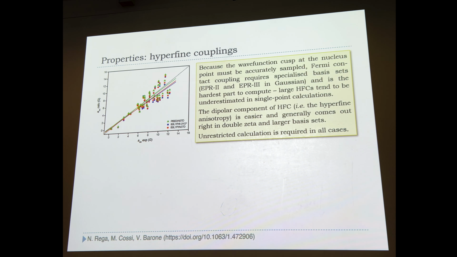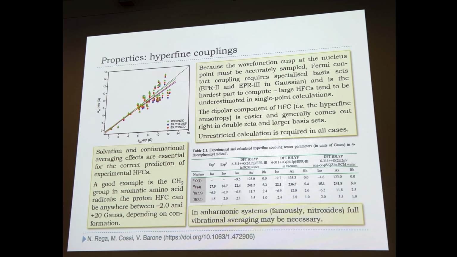And so if you look here, these are the conventional basis sets, and the larger the isotropic hyperfine coupling, the larger the electron spin density at the nucleus, the worse it gets.